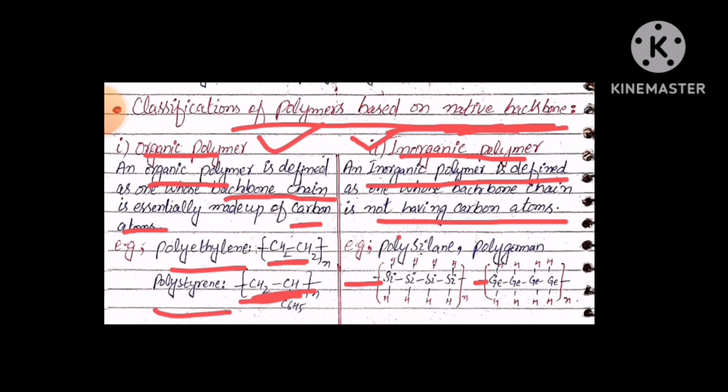The name of this type of polymer is polysilene, with silicon as the repeating unit. The second is polygermane, because here the central atom is germanium. Here n stands for the repeating unit, and it is a big molecule, which we call a polymer.